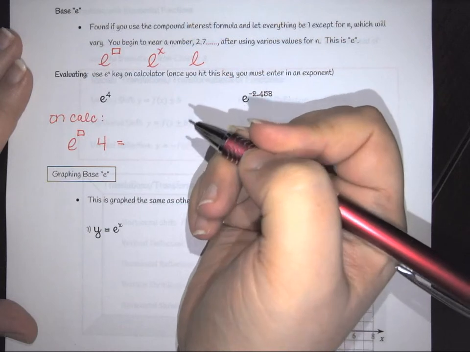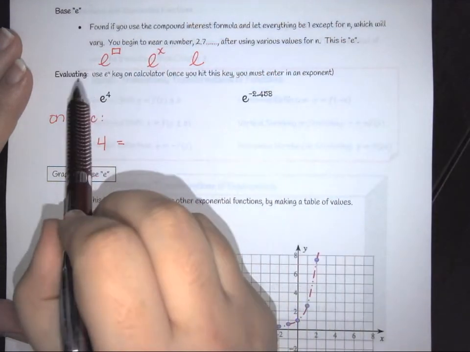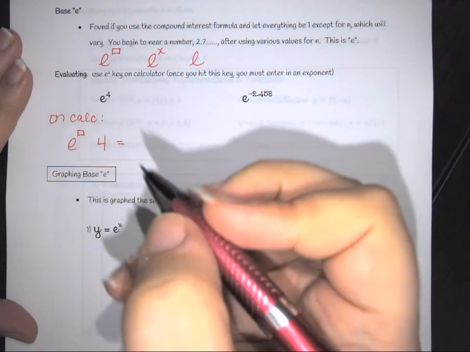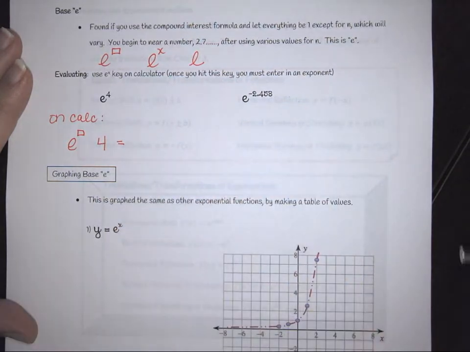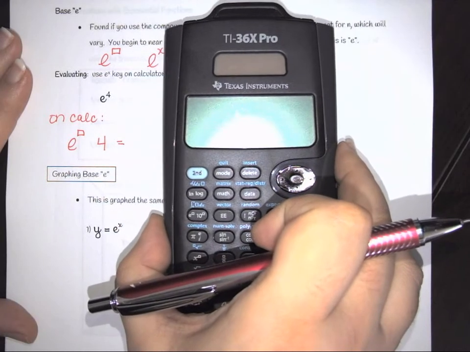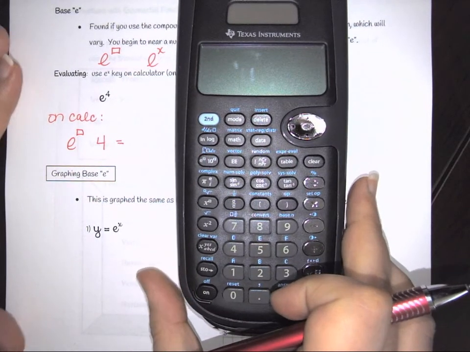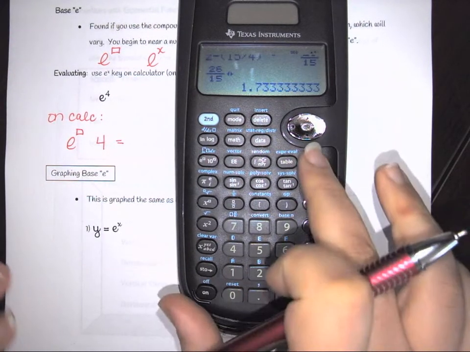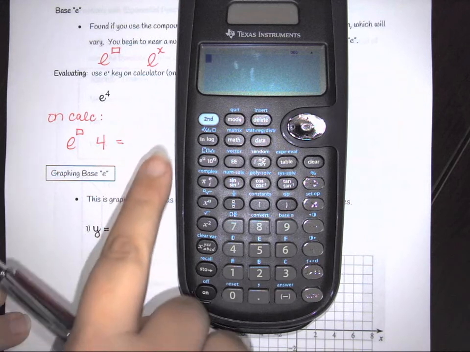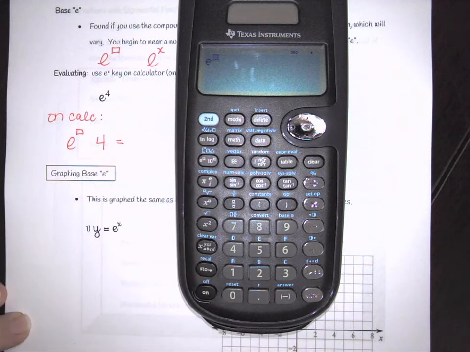If you have to do second, then on your calculator, you would have to hit the second button first and then use your e. But for mine, I don't have to do that. So I'm going to hit my e button, input my 4 and then hit enter, and it gives me a decimal.